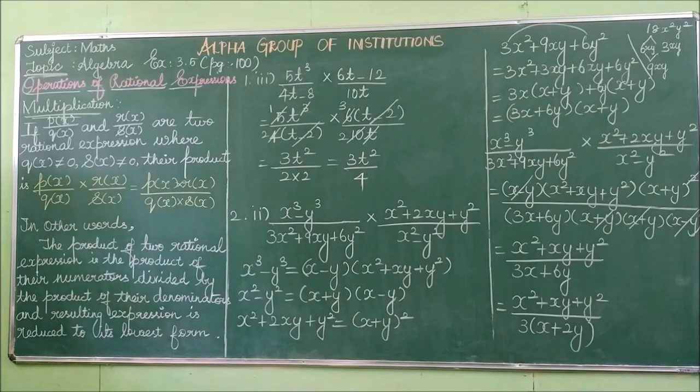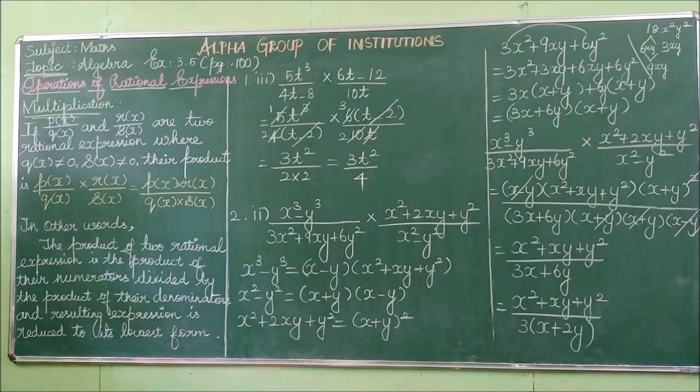In our previous class, we learned about rational expression. What do you mean by rational expression? An expression is called a rational expression if it can be written in the form p of x by q of x, where p of x and q of x are polynomials and q of x is not equal to 0.